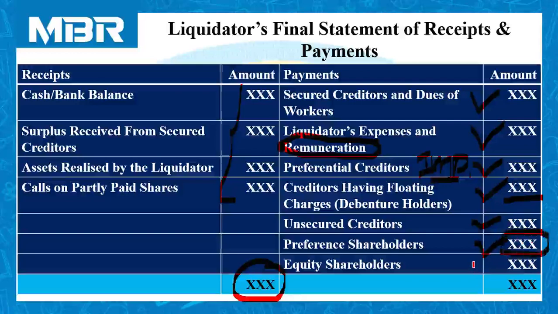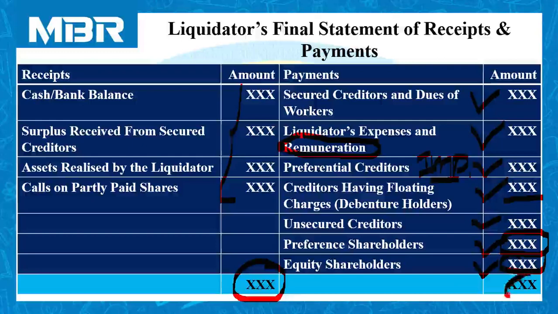And at last, seventh stage, or you can say last phase of payment, we have to disburse the amount to equity shareholders, that is real owners of the company.